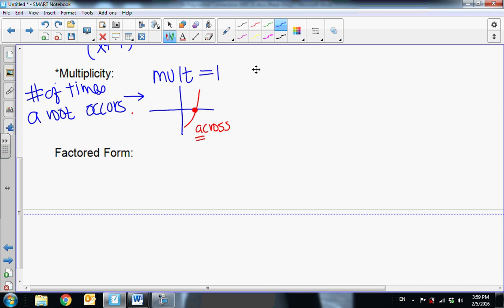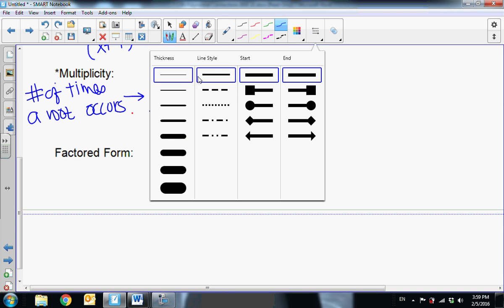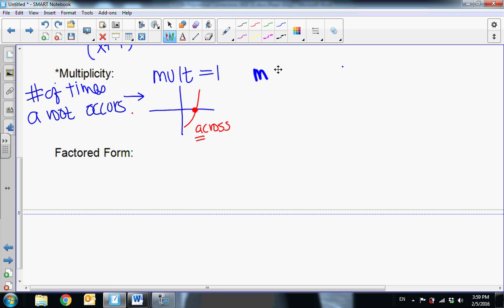All right? For a multiplicity of 2, you actually know what this looks like, you just don't know you know what this looks like. Yeah, it's going to look like a quadratic, okay? Now, think about it.